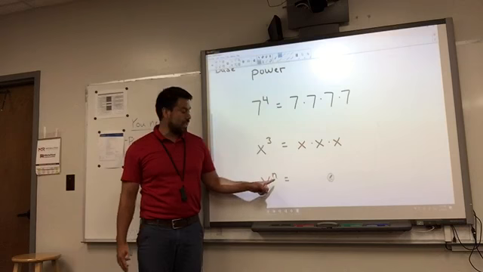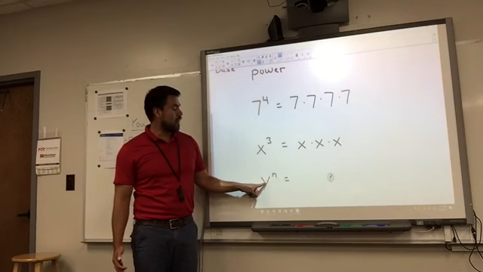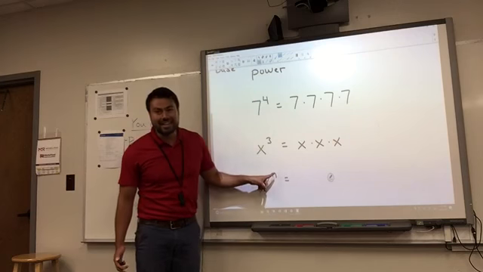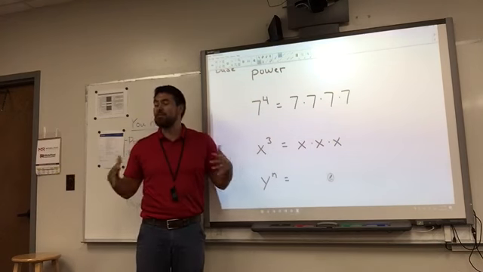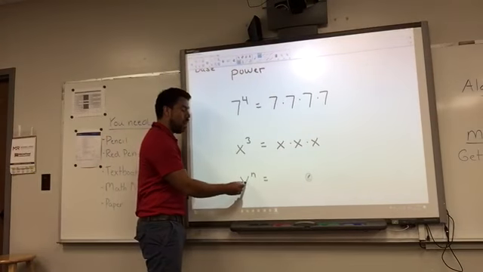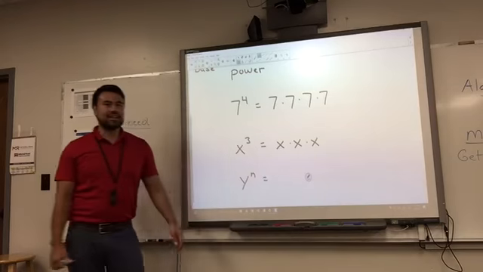Yep. n. Okay, do I know what n represents as a number? No, that's okay. But I do know that y is used as a factor how many times? n times. You're like, what? n times? You don't know what it is, but it does stand for a number. So I would read this y to the nth power. Sorry for all that. y to the nth power, okay?